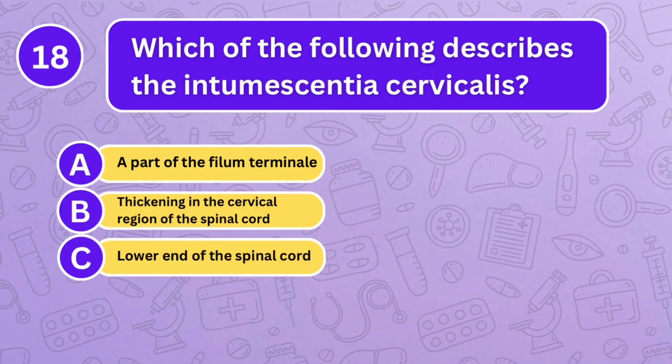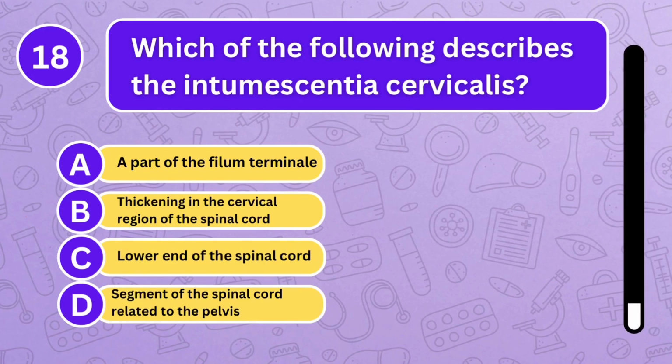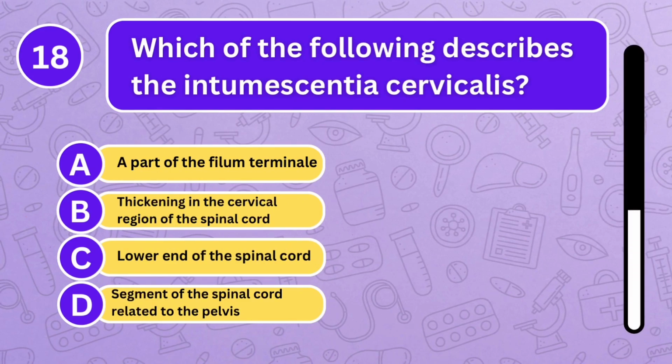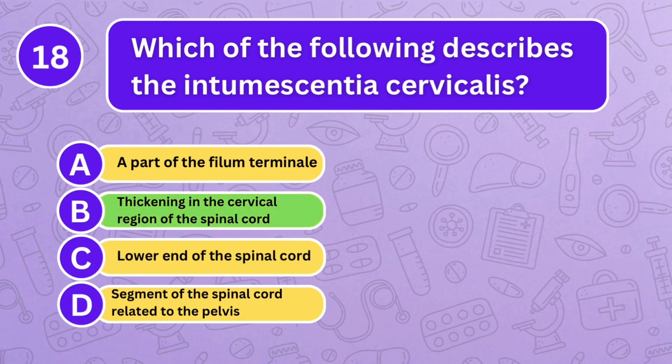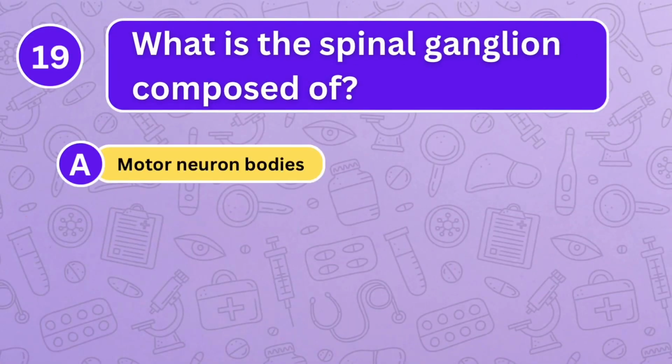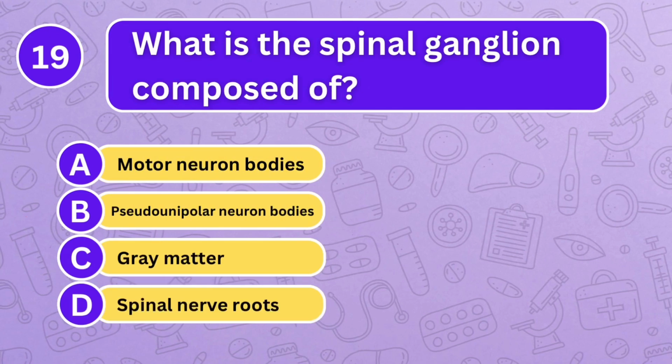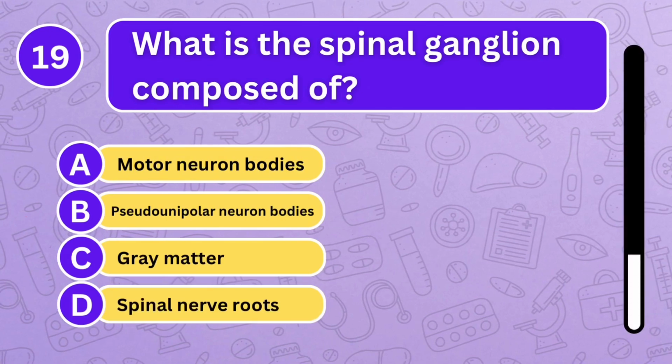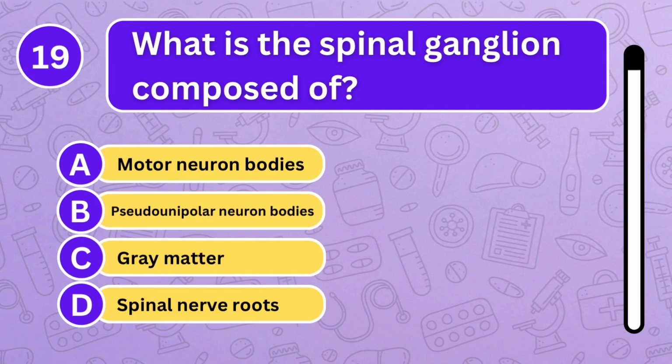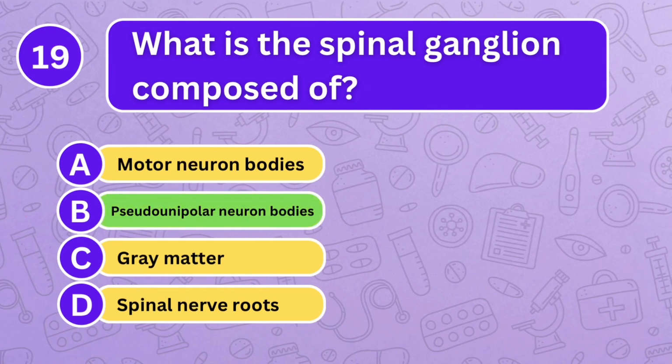Which of the following describes the intumescentia cervicalis? Thickening in the cervical region. What is the spinal ganglion composed of? Pseudo-unipolar neuron bodies.